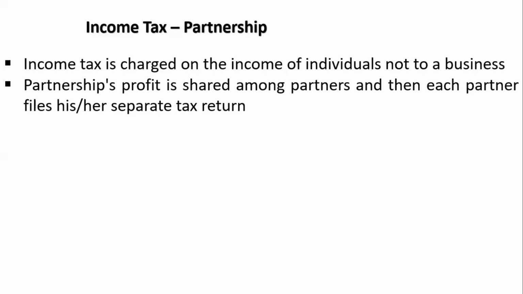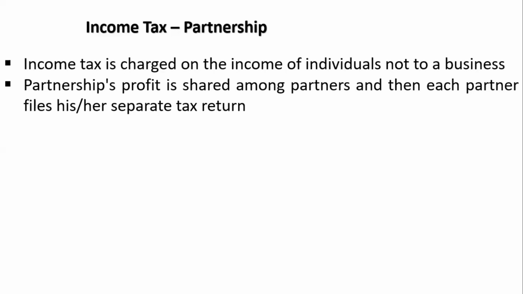The remaining will continue to be assessed on current year basis. For example, if there are three partners and a fourth one joins new, we will apply the opening year rules on that partner, and the remaining will be assessed according to the normal current year basis. But first of all, we will share profits to each of the partners.